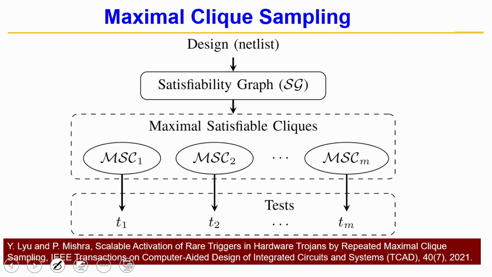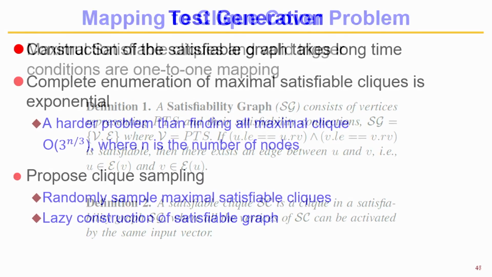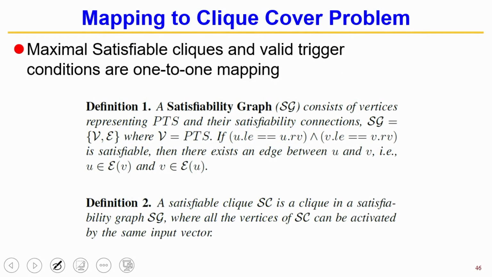So, you start with the design, get different cliques that are satisfiable and generate tests for those cliques. There is proof you can look at for valid triggers, and basically you are mapping your Trojan detection problem to a clique cover problem, and once you map it to the clique cover problem, then you find a test to activate that clique.